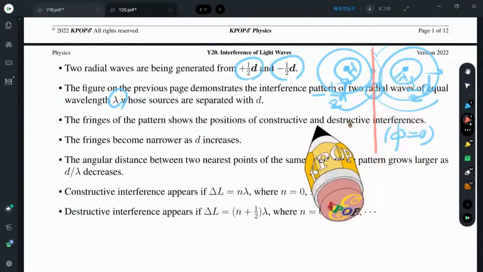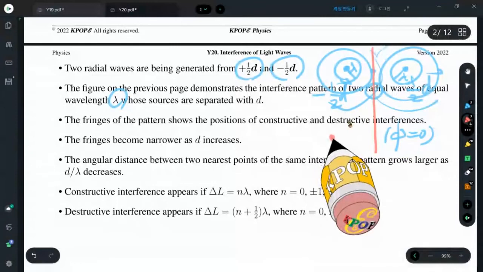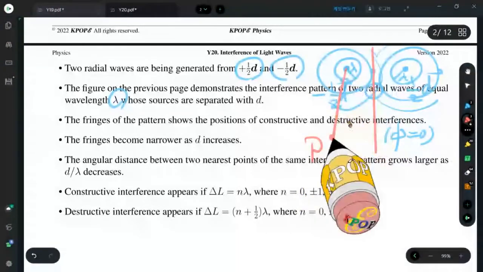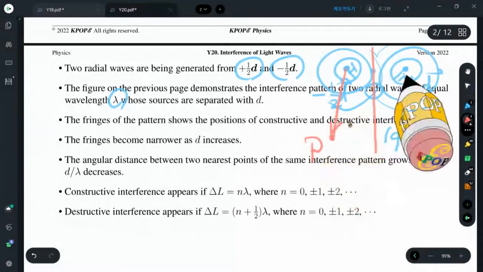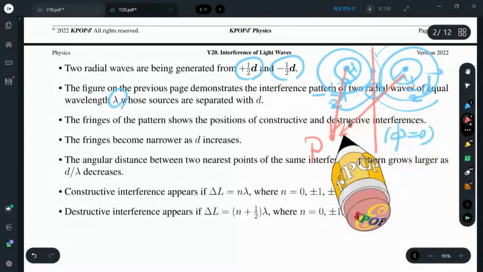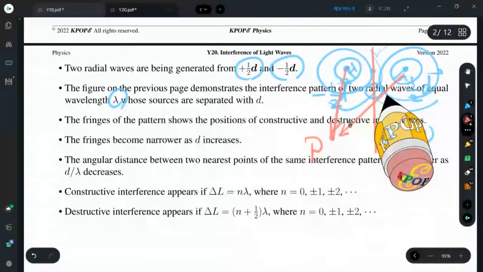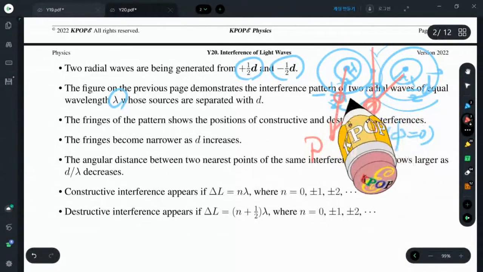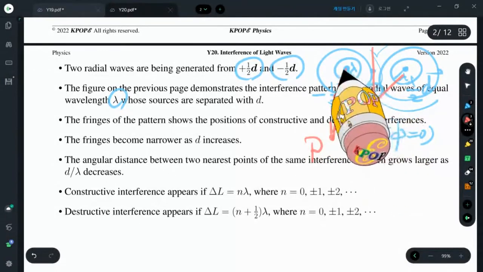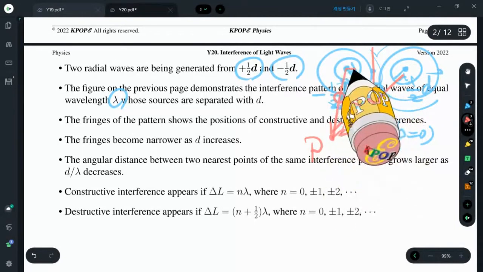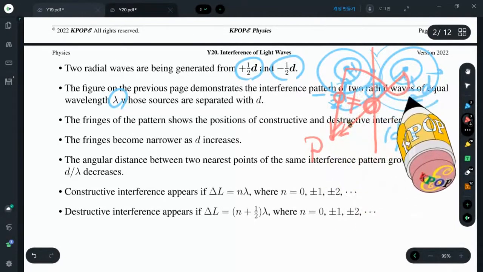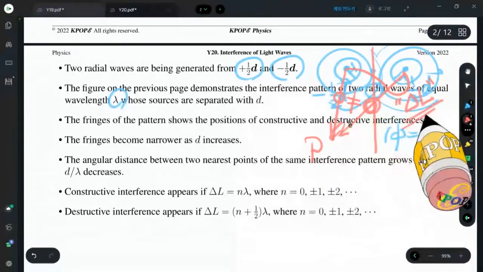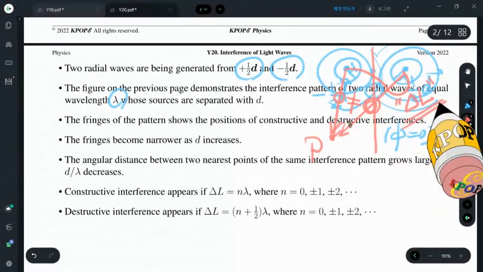If you put a point P, the wave travels along different paths, and this distance and this distance are different. So you will find there is a path length difference.